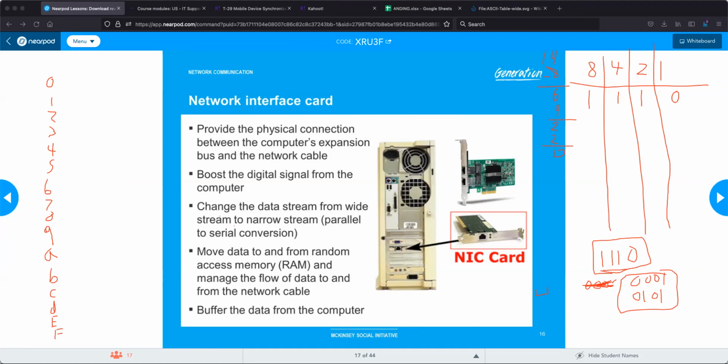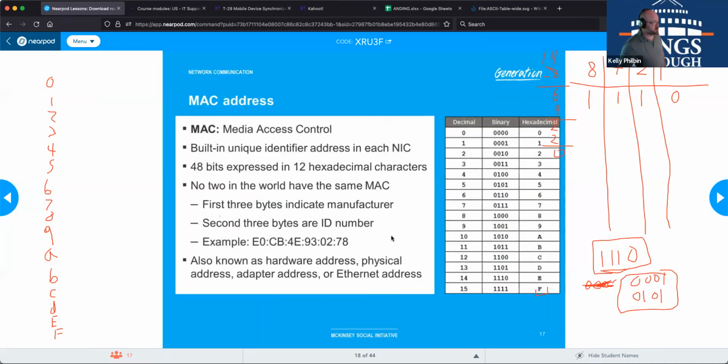Yes. The hexadecimal writings, because you know how they write the E0 with the colon. Like this right here? Yes. How do you represent this? So this would be an E and then a 0.